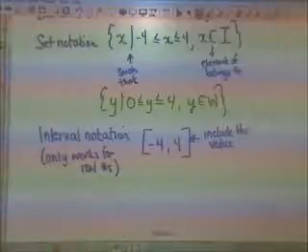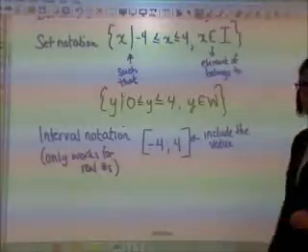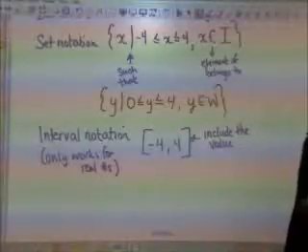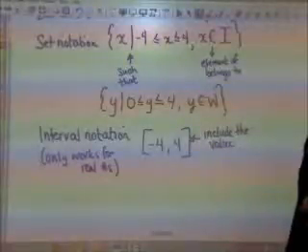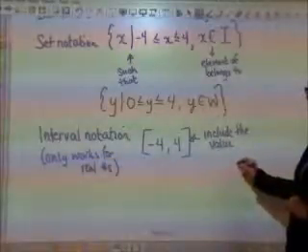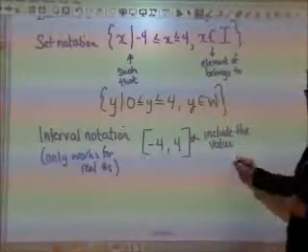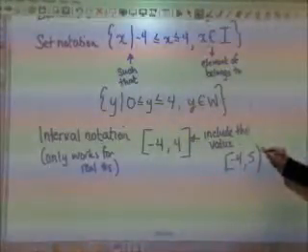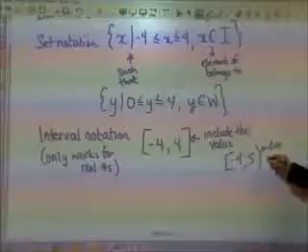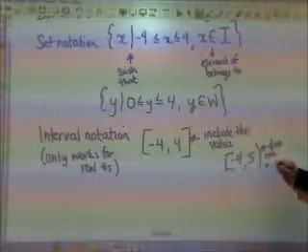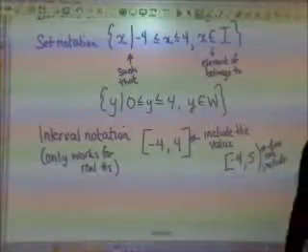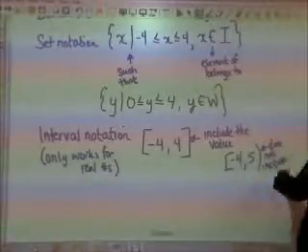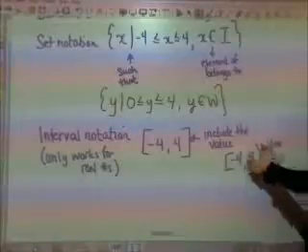If I didn't want to include it, I would use a curved bracket. So if I had from negative 4 to 5, it means that it does not include the positive 5, but includes everything up to positive 5, such as 4.9 repeating would still be a possible value.